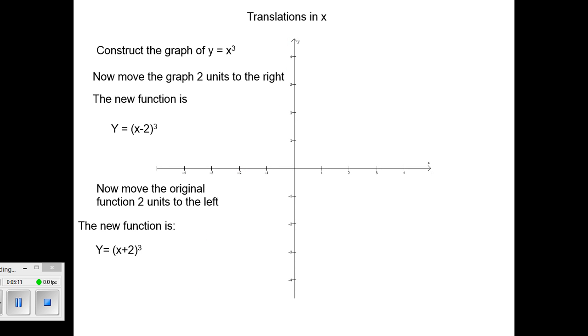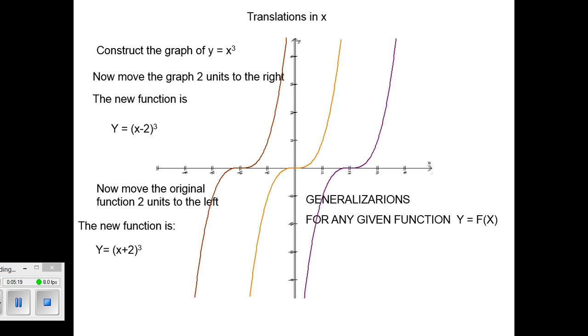So when we're doing translations in x, they might be contrary to what you might generally think, but here we go. This notation, replacing all x's with x plus a, will effectively move it a units to the left.